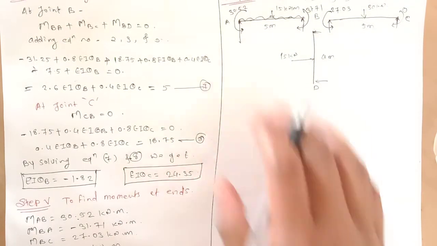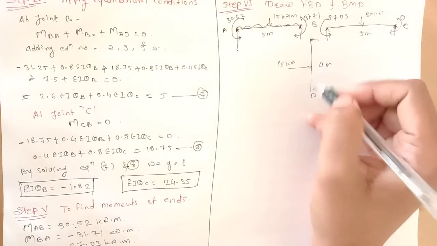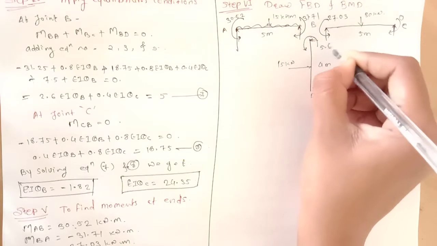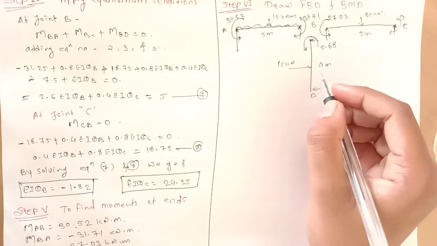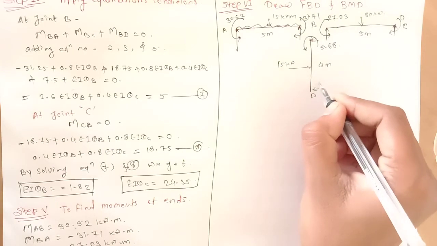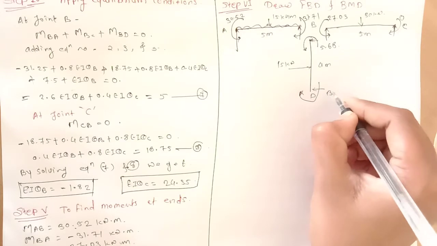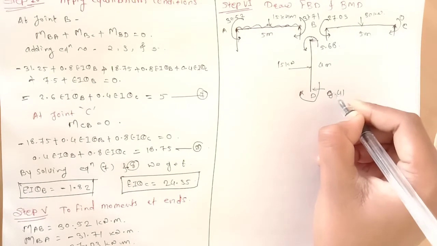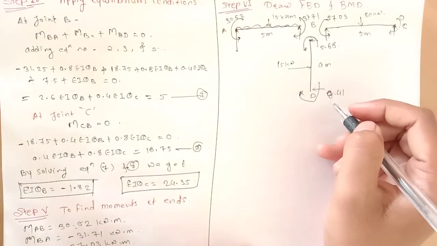After that, the end moment at member BD is equal to plus 5.68 and the end moment at member DB is minus 8.41. So this is our free body diagram.